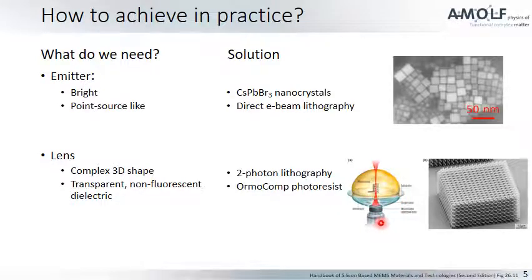An infrared laser beam is focused by the objective into the photoresist, and only at the very focus point of this laser beam, the intensity is high enough for a significant probability of 2-photon absorption, and only then the resist is exposed and structure forms. Anywhere above or below the focus the resist stays unexposed, and that way you can fabricate all kinds of complex 3D structures with a resolution of a few hundred nanometers.